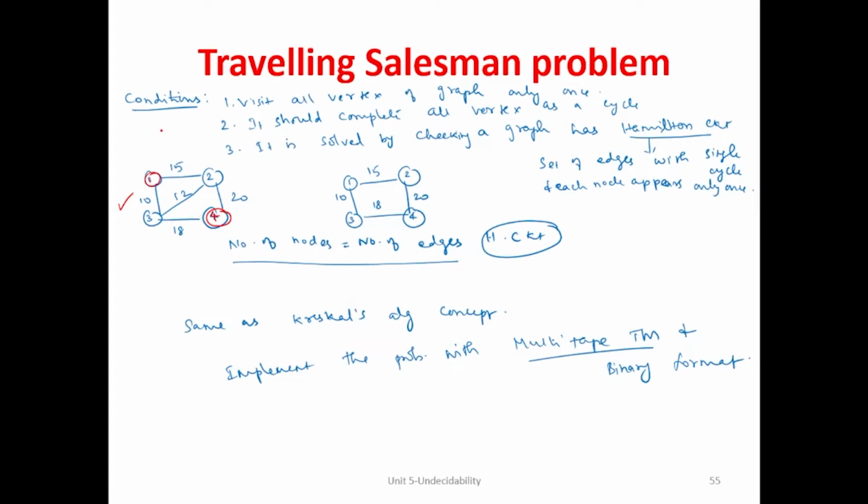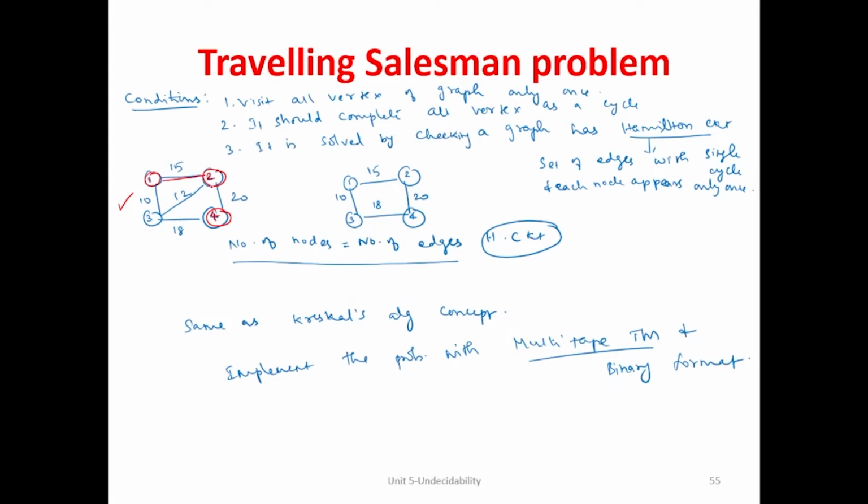So how can we implement this concept? There are three different conditions. The first condition is that we should visit every node of the graph exactly one time. If you go to node 2 from 1, then 1 is considered a visited node and 2 is also considered a visited node.